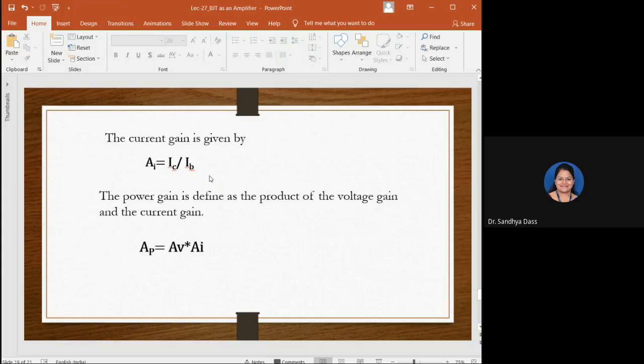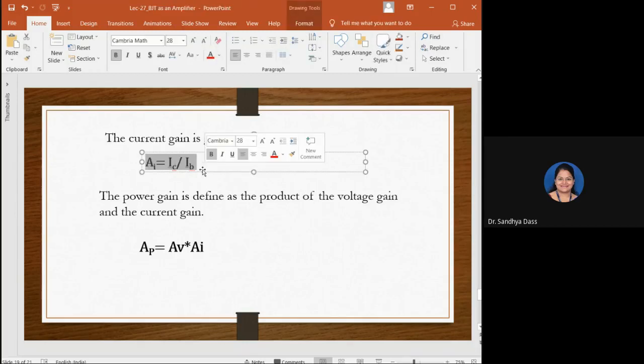Second is current gain. We already know it is output current by input current, that is collector current by base current. Current gain AI is equal to IC by IB. It is also equal to beta.